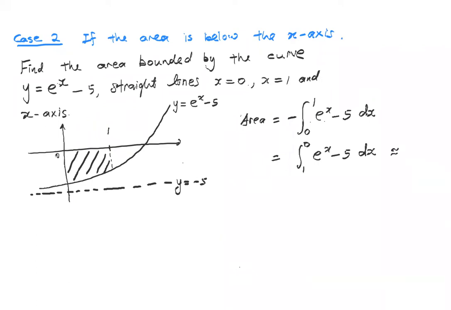What is the approximate value? 3.2817, 3.28, okay? So this is the approximate value. Can I request you to proceed and find the exact value? Can you please proceed from here to get the exact area?